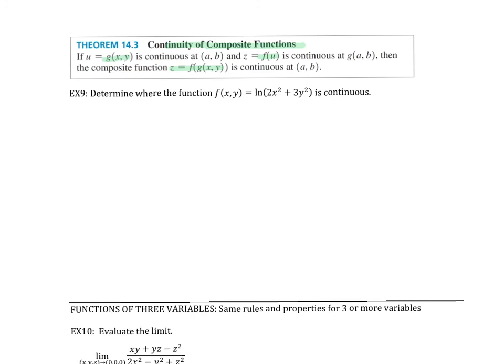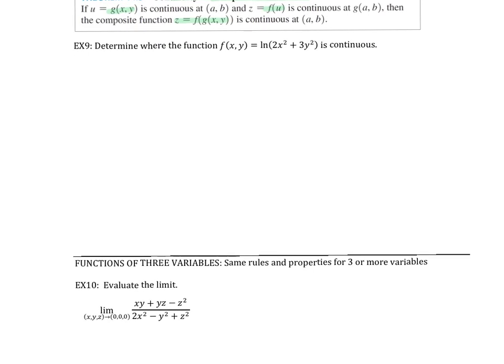Example 9, we're supposed to determine where the function is continuous. So I'm going to decompose it. I'm going to look at the argument here, the 2x squared plus 3y squared. I'm going to look at that as being my u.